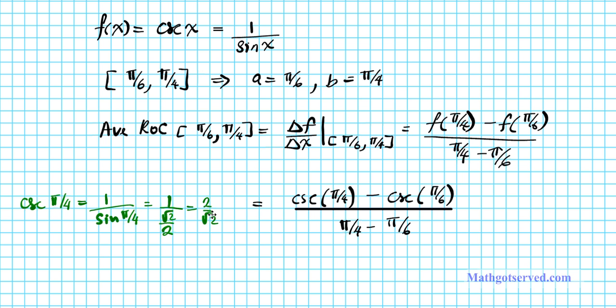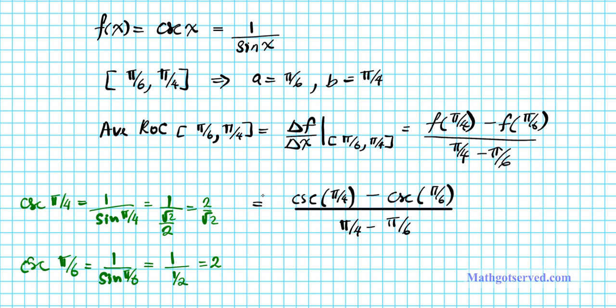Now cosecant pi over 6 is 1 over sine pi over 6. Sine pi over 6 is 1/2, so it's 1 over 1/2, which is equal to 2 when I multiply 1 by the reciprocal of 1/2, which is 2 over 1.